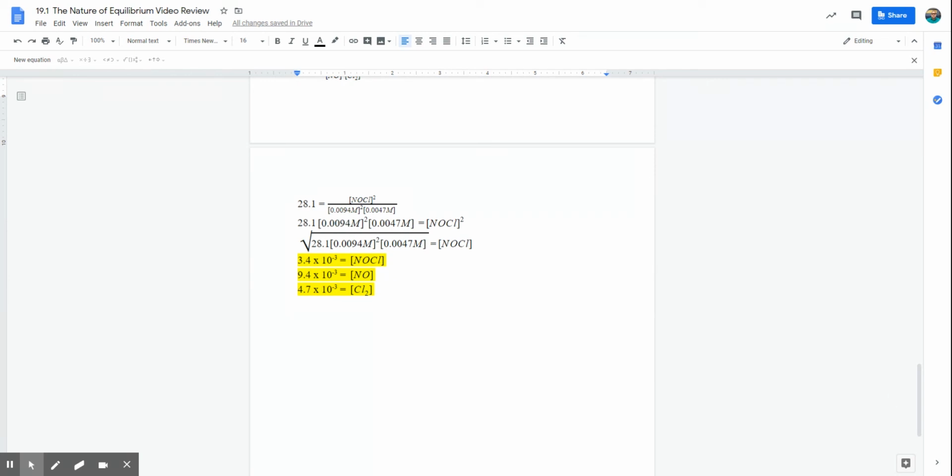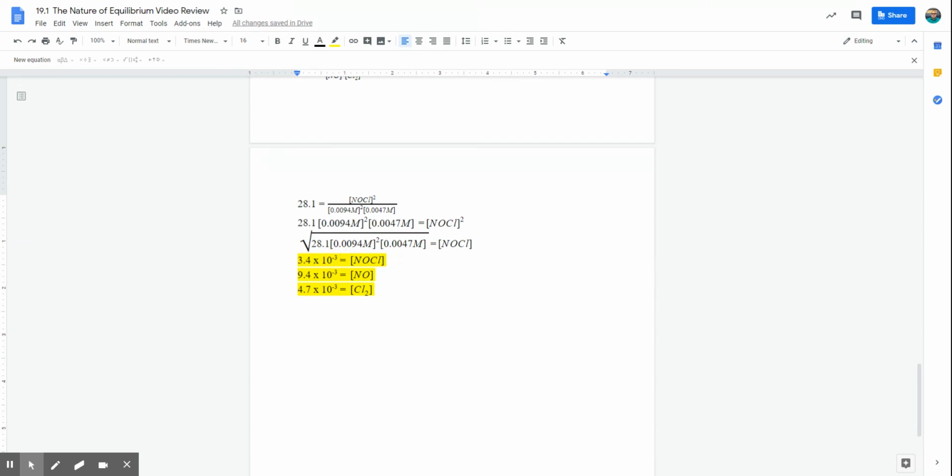I move my denominator, I multiply both the numbers to the other side. So you'll notice I put it here, and that leaves me with the concentration of nitrosyl chloride squared. So then I need to find the square root of that value. When I do that, I find the following numbers. I find that my concentration of nitrosyl chloride becomes 3.4 times 10 to the negative 3.